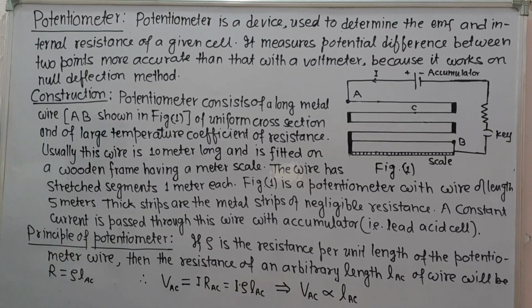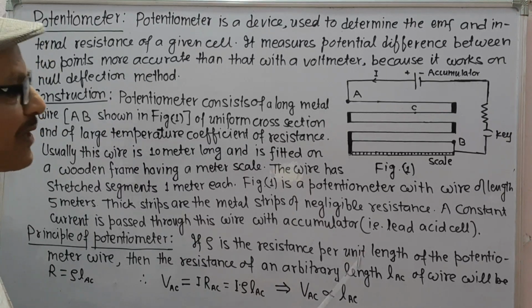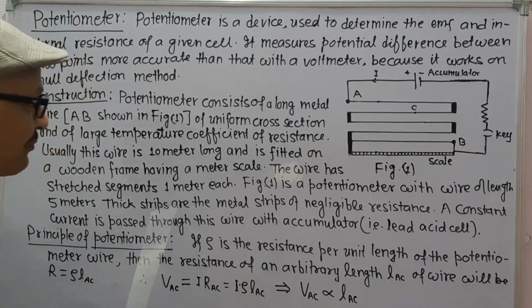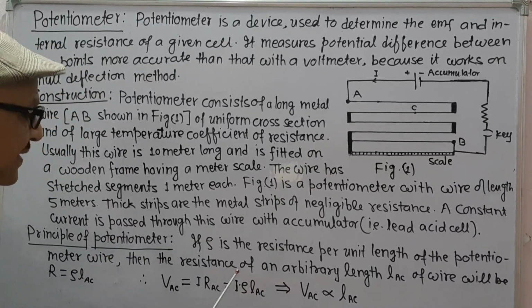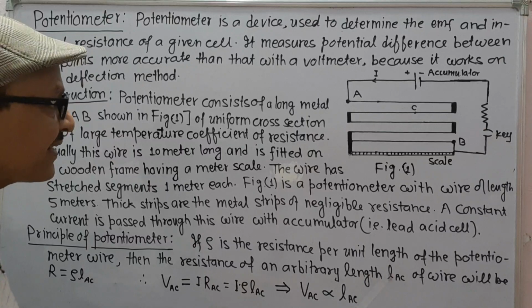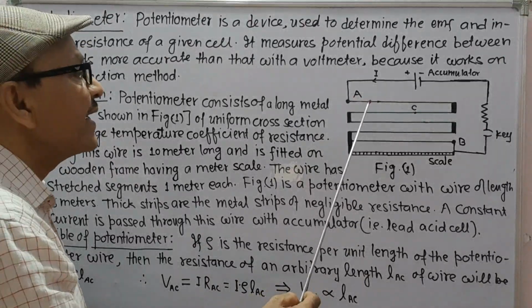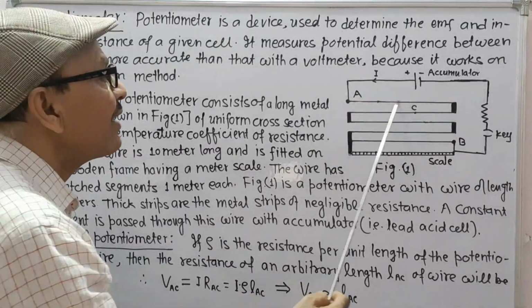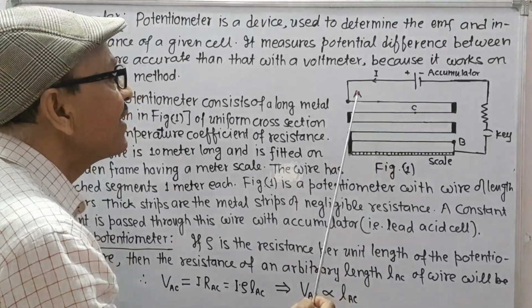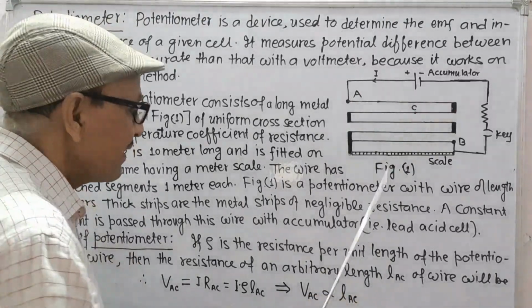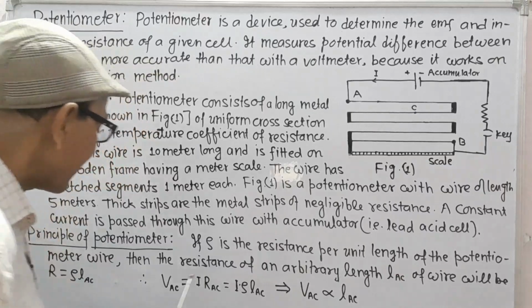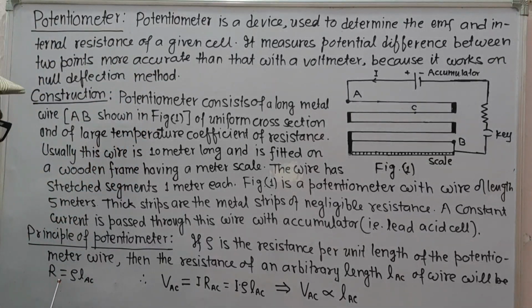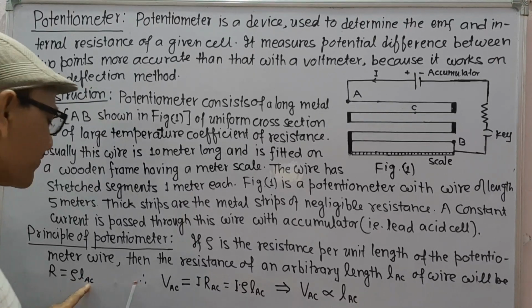Now we take the principle of potentiometer. If rho is the resistance per unit length of potentiometer wire, then the resistance of an arbitrary length L_AC, that is of this length from A to C, will be R equal to resistance per unit length into length, that is rho into L_AC.